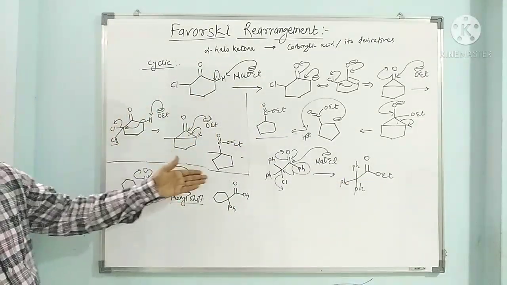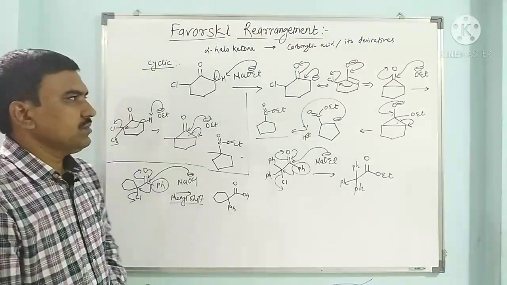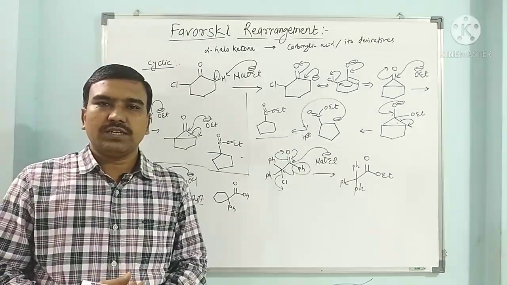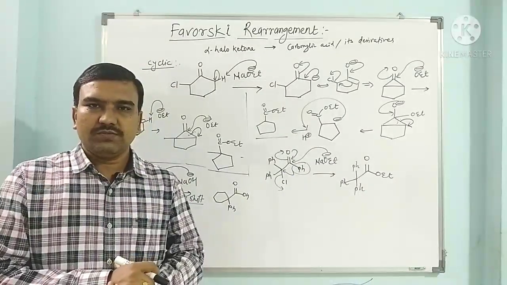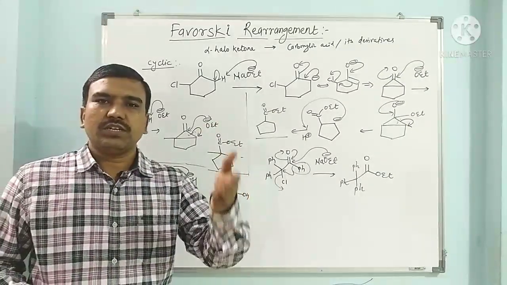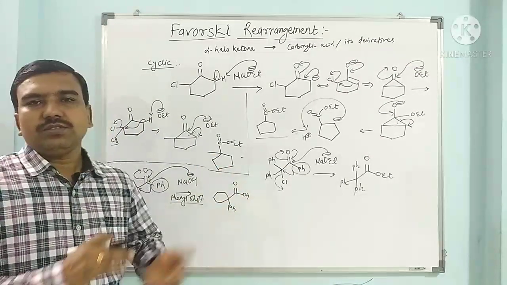So wherever alpha hydrogen is available on the other alpha carbon, we get carboxylic acids or different derivatives of carboxylic acid through the Favorsky rearrangement, in which a cyclopropanone intermediate is generated. The cyclopropanone is cleaved to give a carbanion, and that carbanion takes a proton and gives the product.